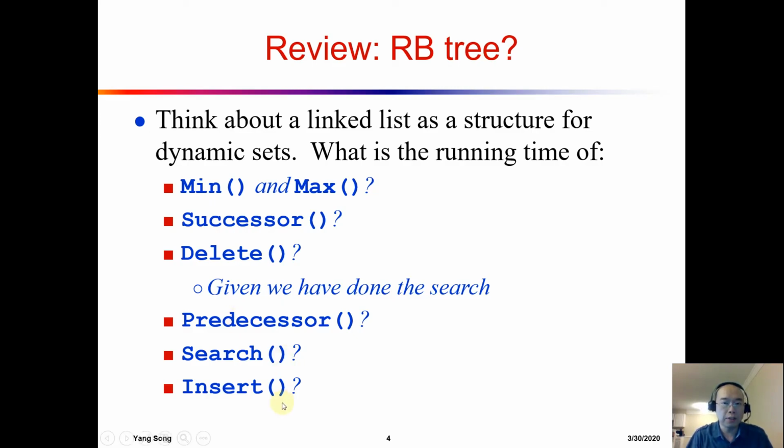And for the insertion, we have done the insertion. After insertion, remember we also have to fix the tree, so this is also O(log n) behavior. So if we implement the dynamic set with a red-black tree, all the actions will be O(log n).